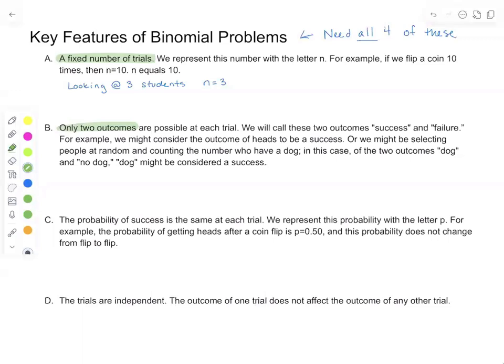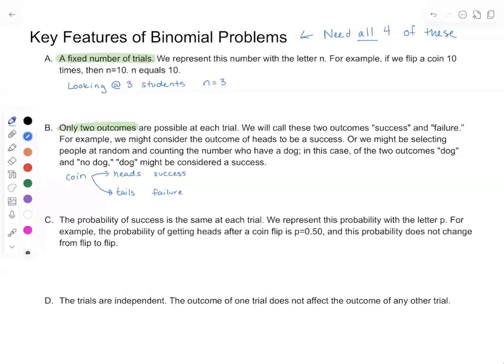But because there are only 2 outcomes here, dog and cat, we can think of this as being successful. Another example we might think about is if we were flipping a coin. Our 2 outcomes might be heads or tails. And we would just label one of these as success and one of these as failure.